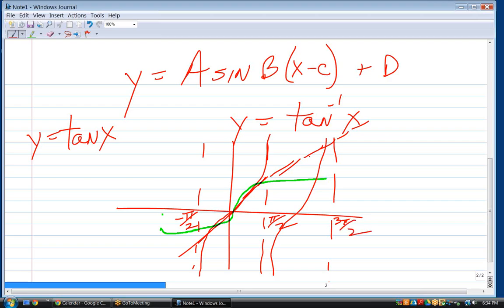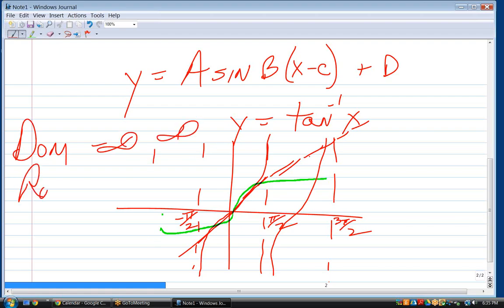So if I'm talking the inverse function, the green function, the domain and range switch. In other words, the range of the tangent function is negative infinity to infinity, right? Yeah. So the domain of the inverse tangent function, the green, would be negative infinity to infinity.